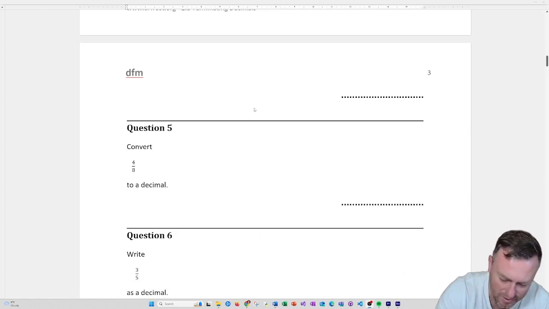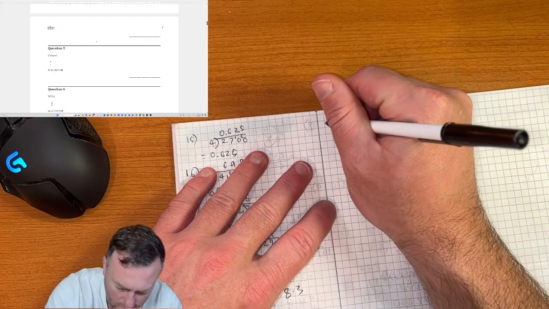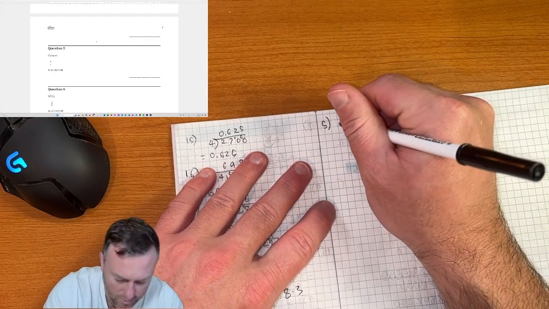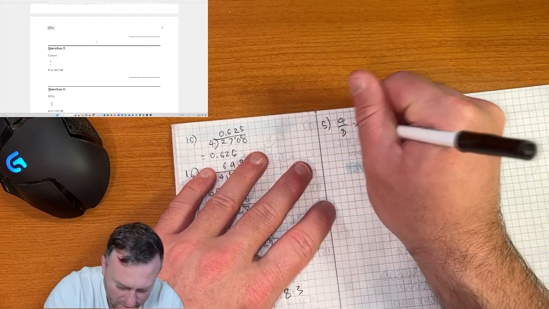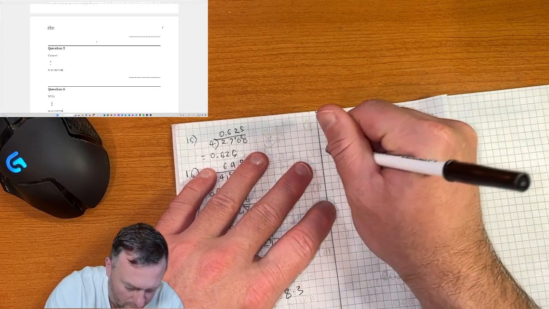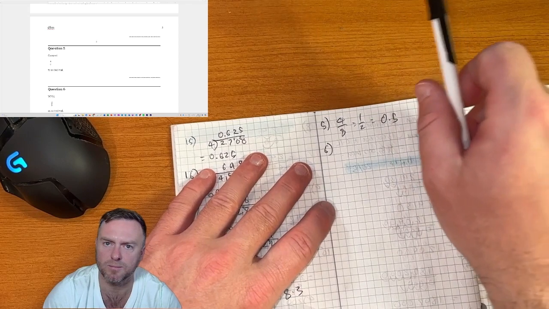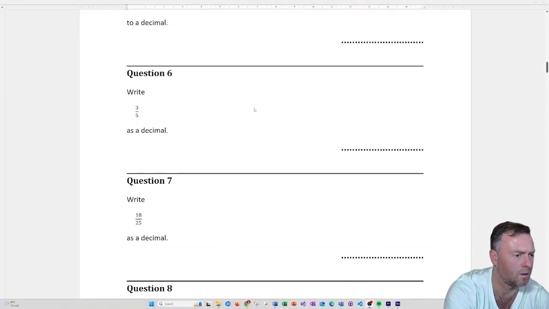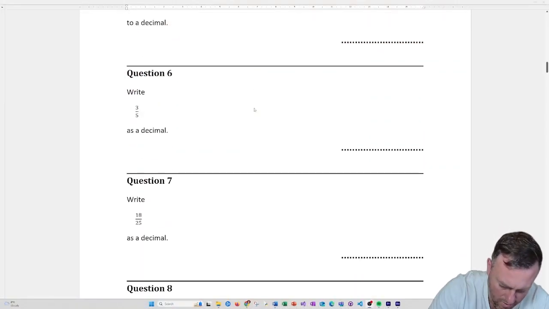Question 5 is a pretty easy one. So we've got 4 over 8, which equals a half, which equals 0.5. Question 6. 3 over 5 equals 6 over 10, which then equals 0.6.